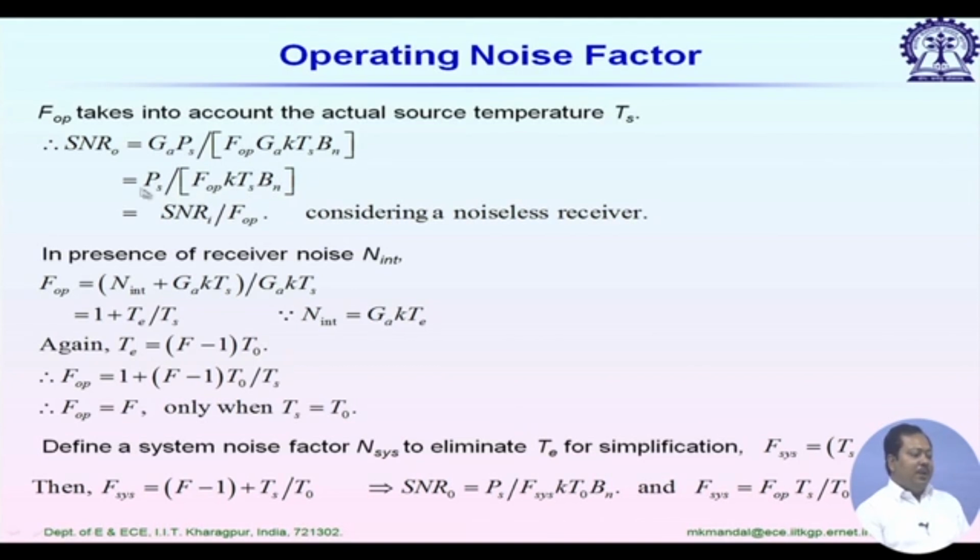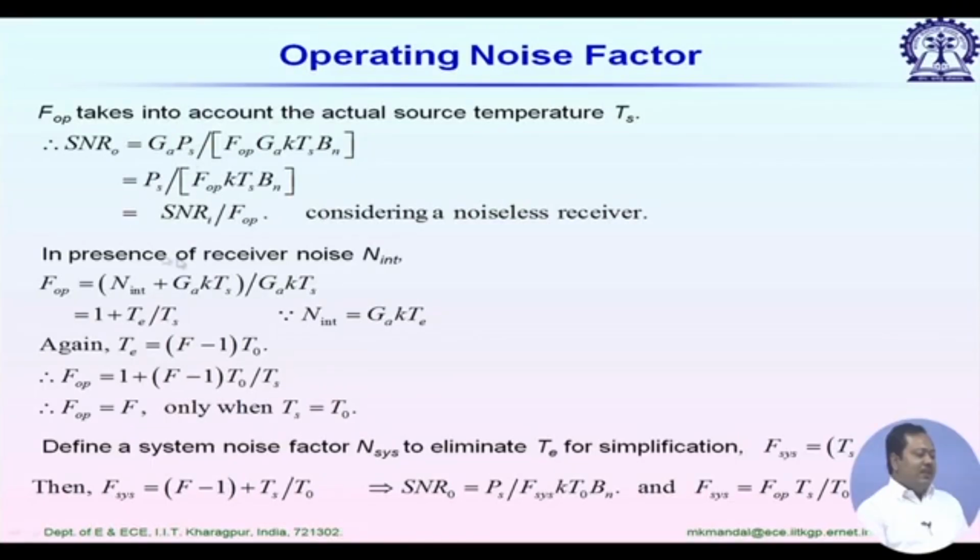So, Ps divided by K Ts Bn we can call the SNR at the input side. So, we can simply write F operating is equal to SNR at the input divided by SNR at the output, not at the standard temperature, but at any given temperature. That is how we can define another parameter, the operating noise factor.